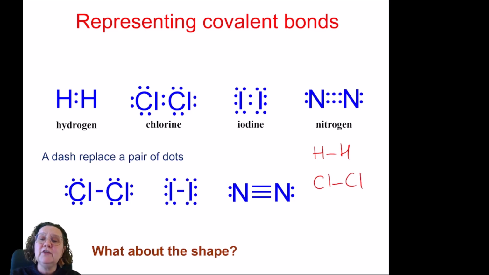And in the case of nitrogen, the way that nitrogen makes bonds means that when you have two atoms of nitrogen joined together, there are 6 electrons being shared in three different covalent bonds. So atoms sometimes will share 1 pair of electrons, sometimes 2, and sometimes 3.